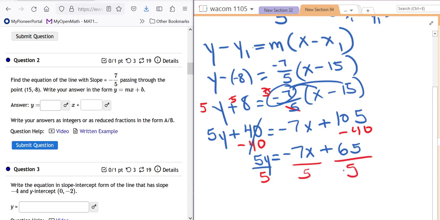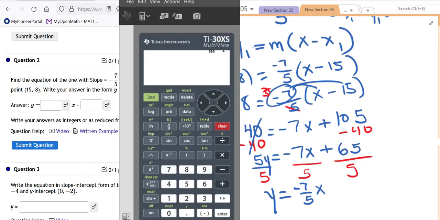Under each piece, when we do lines, we divide under each piece because sometimes they'll simplify. If we had a plain formula, we'd usually do it under the whole thing. All right, so now we can pull our slope away from the x a little bit. 65 divided by 5 goes evenly because it ends in a 5.